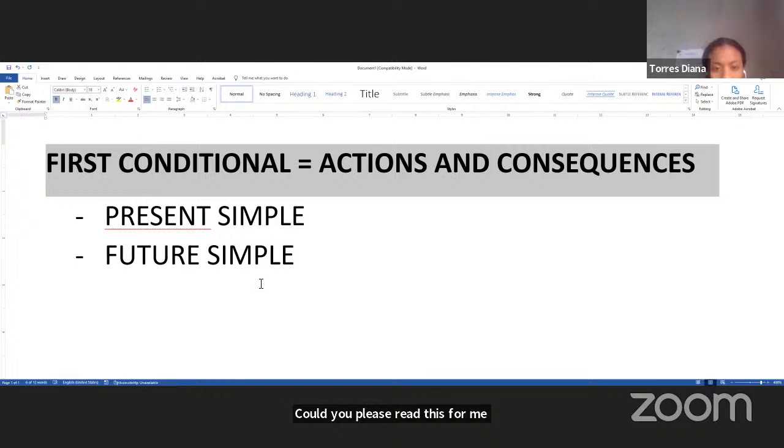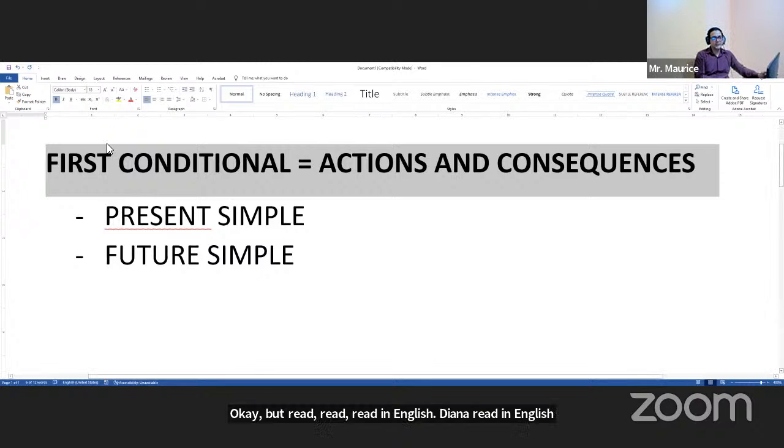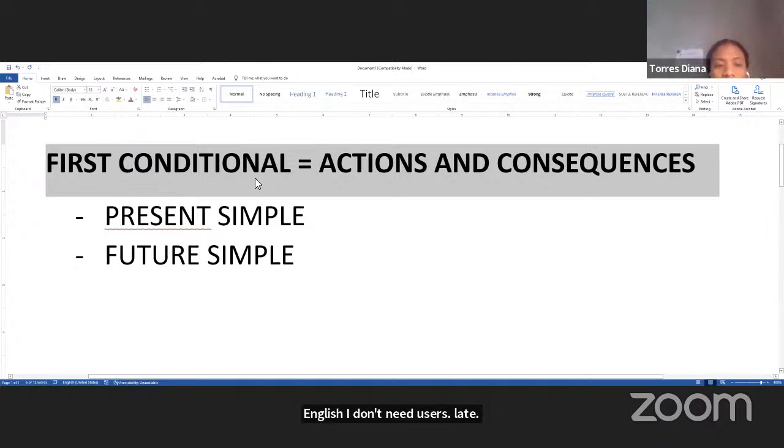Acciones y consecuencias. Okay, but read in English, Diana. I don't need you to translate it. First conditional, action, and consequence. Correct. Very good.